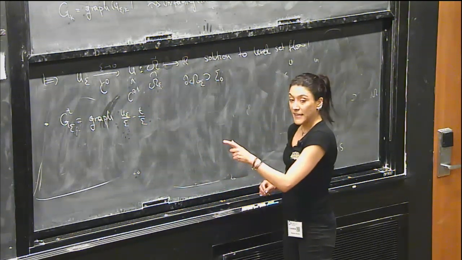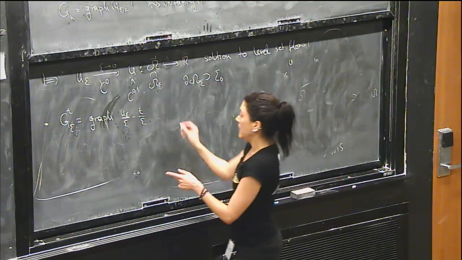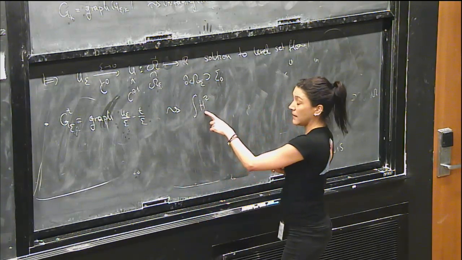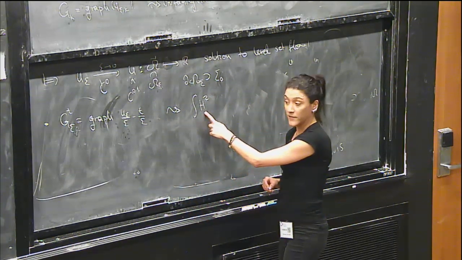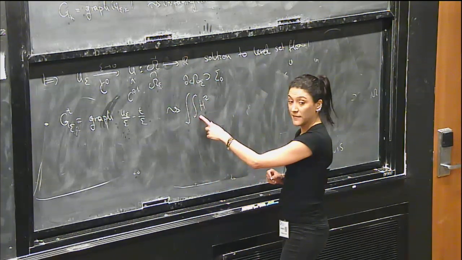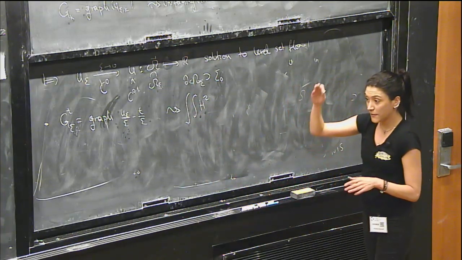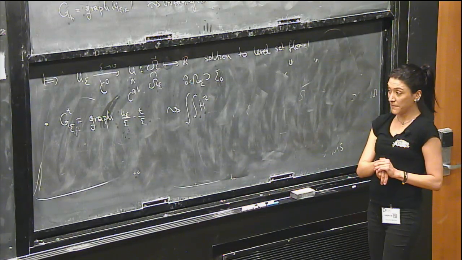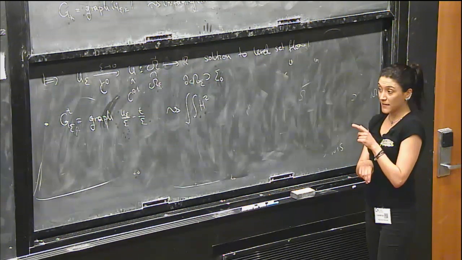These guys have a uniform L2 bound of the mean curvature. You can actually integrate twice in time and in space, so this gives you a region where the mean curvature is bounded in L2. This is one very important fact.